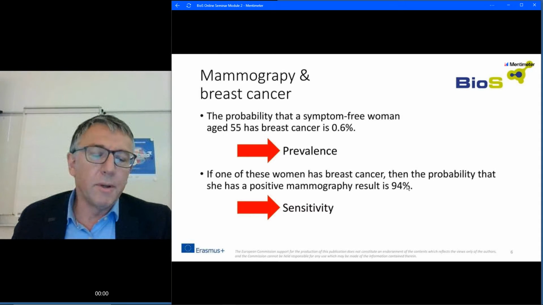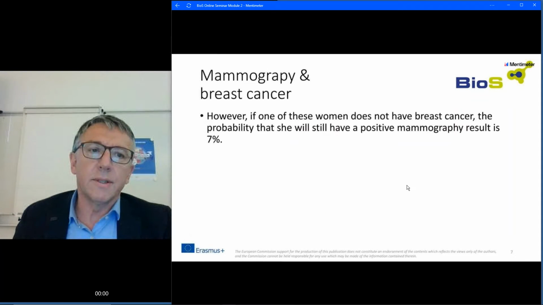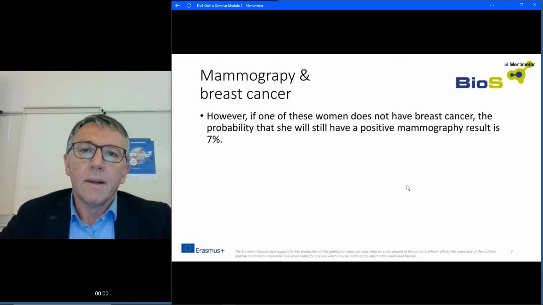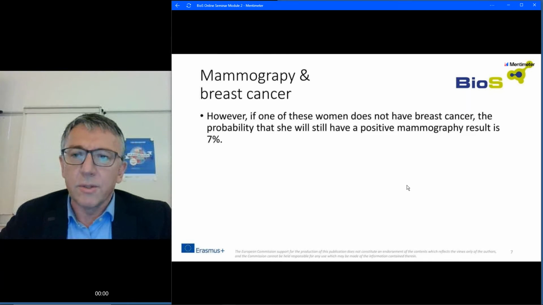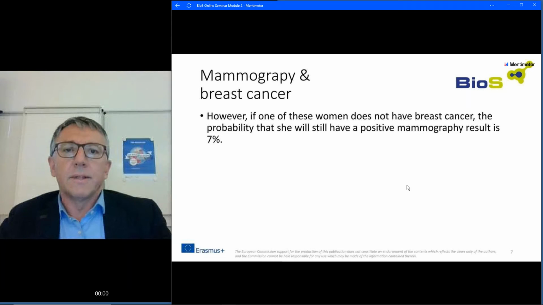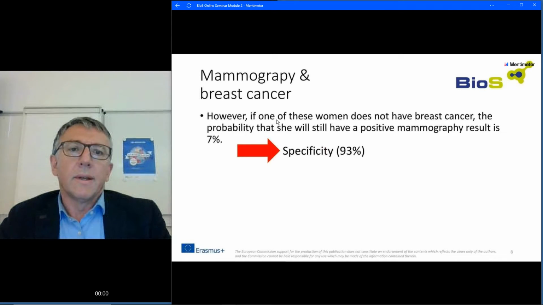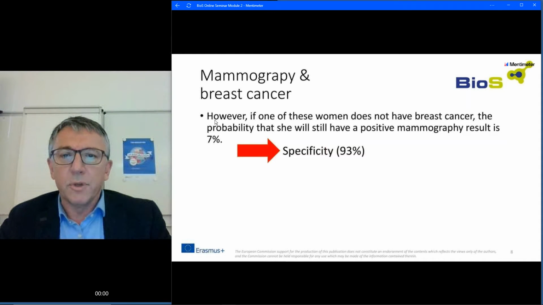There's one more number that we need, and this is the specificity. The specificity is also a number that is associated with the mammography test. If one of these women does not have breast cancer, the probability that she will still have a positive mammography is 7%.